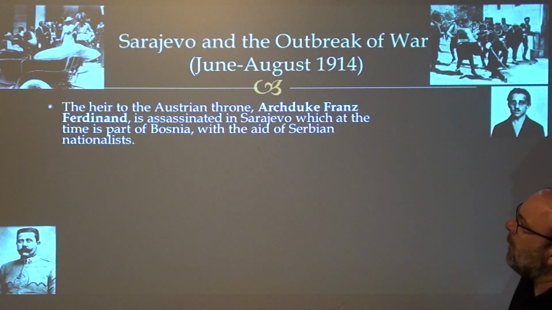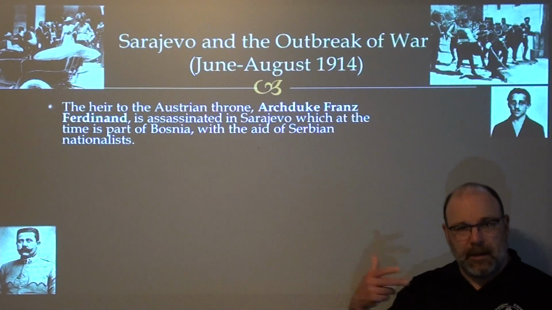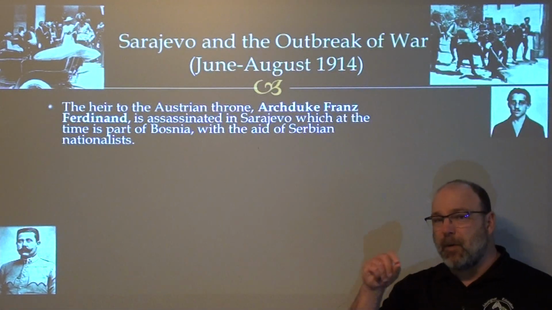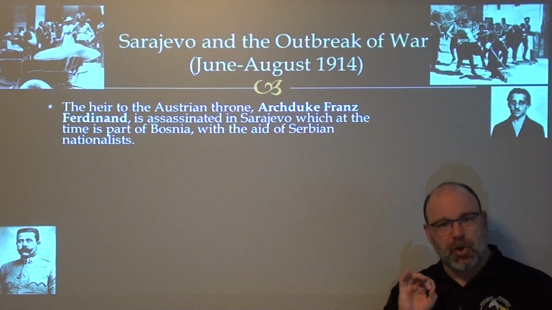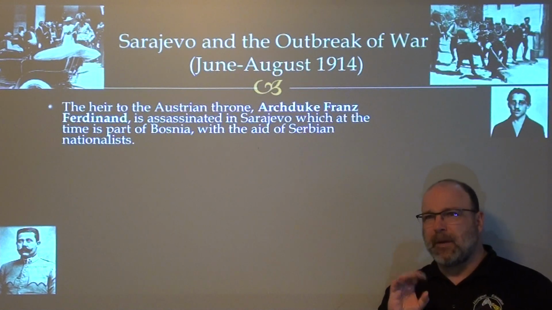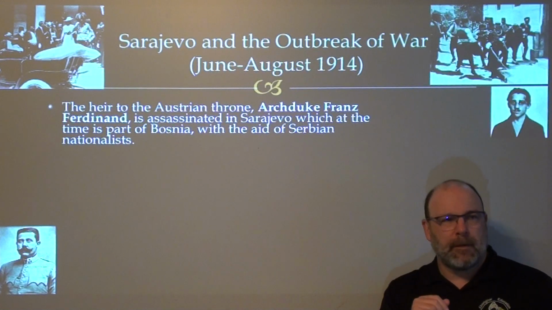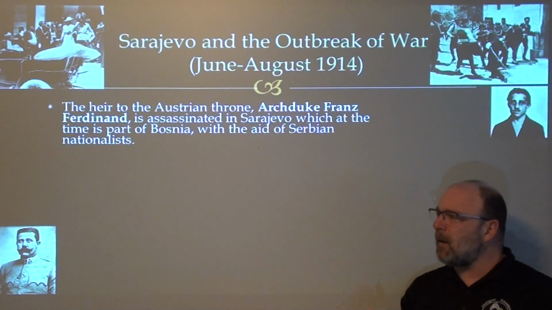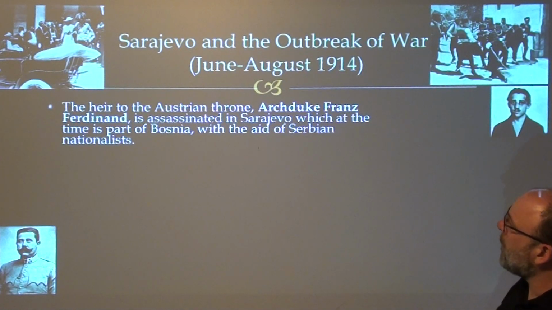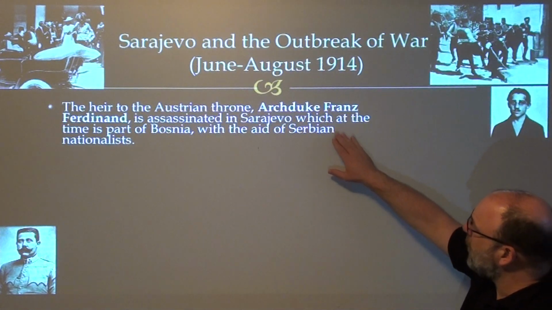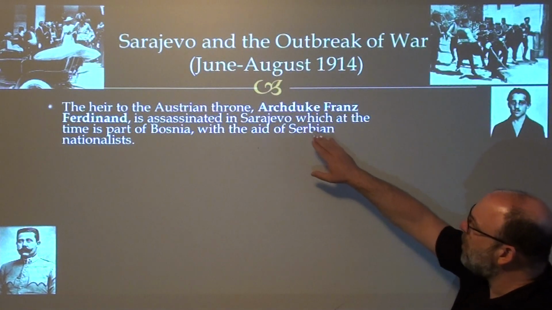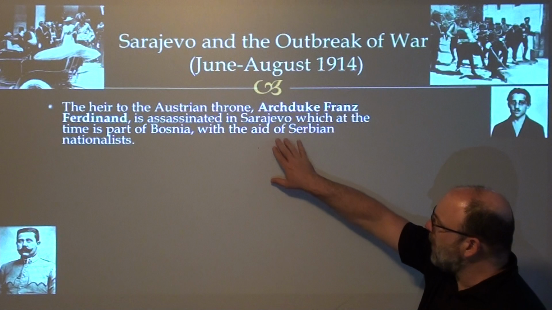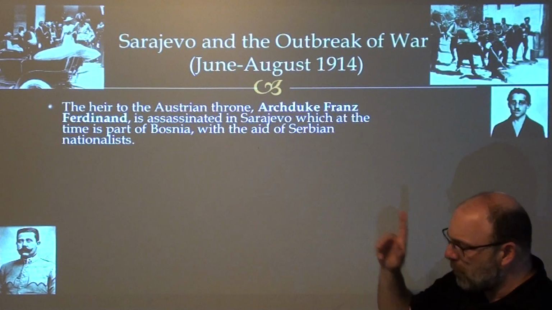All right, so the heir to the Austrian throne, meaning the next king to be, was the nephew of the current monarch, Franz Joseph, who in 1914 had been in power since 1867, for a long, long time. He's assassinated in Sarajevo, which at the time is part of Bosnia, with the aid of Serbian nationalists.